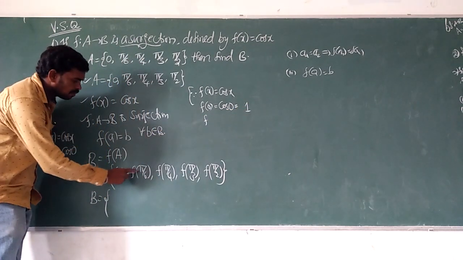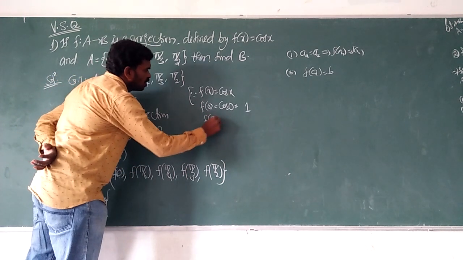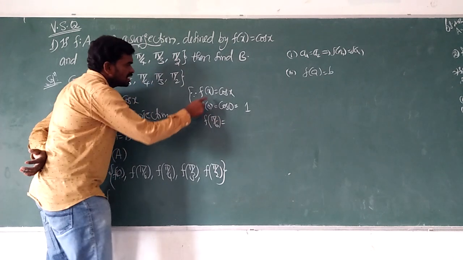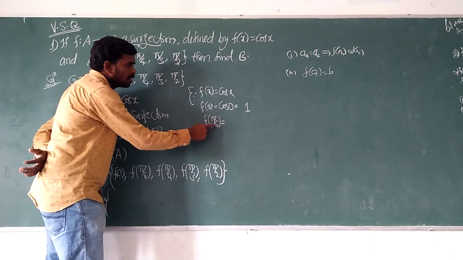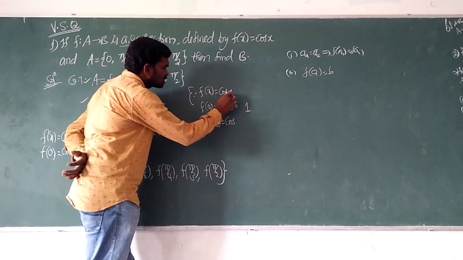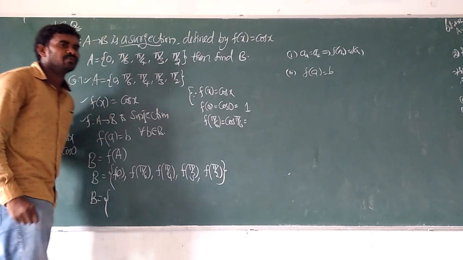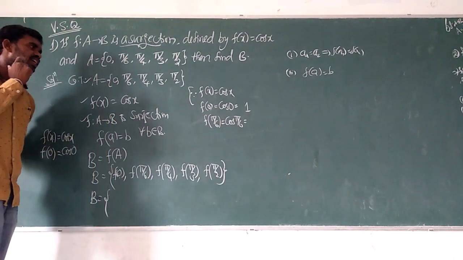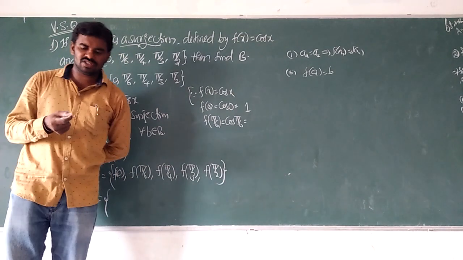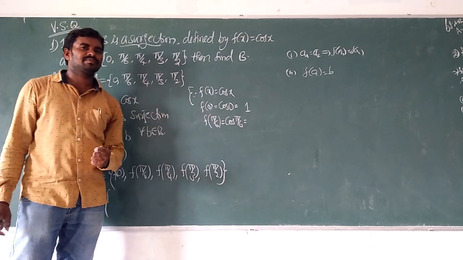Next, pi by 6 is there. So f of pi by 6 means instead of x we write pi by 6, so cos pi by 6. What is the value of cos pi by 6? In 10th class we studied trigonometric values, and in intermediate also, in the chapter trigonometry.